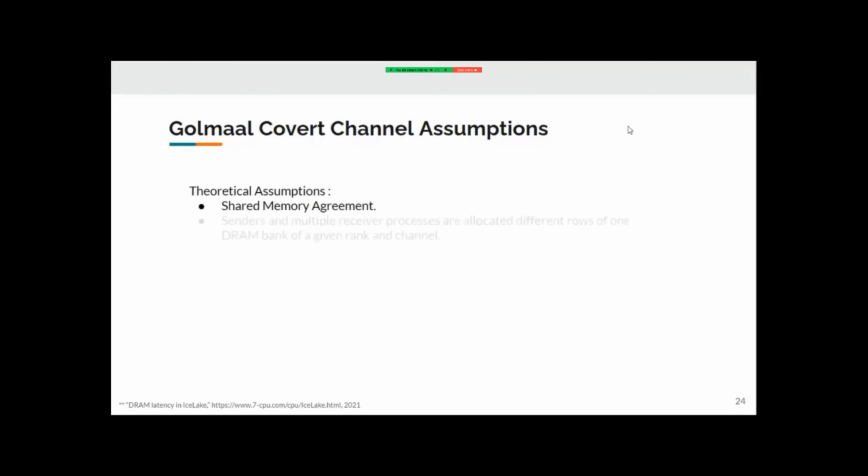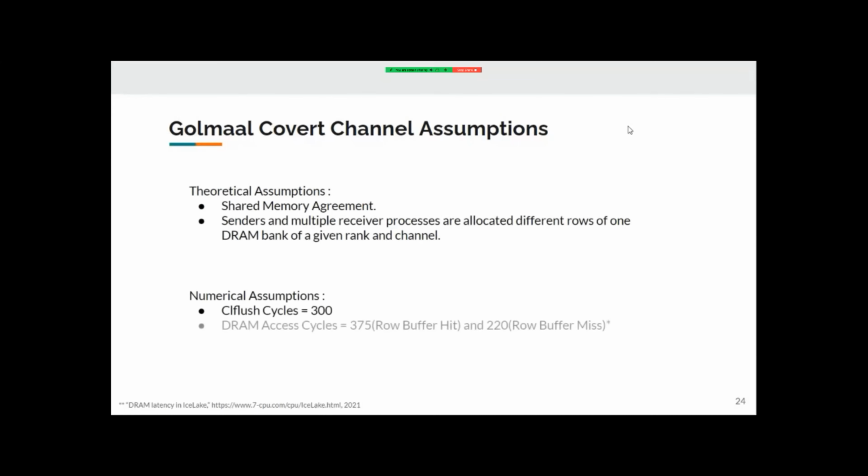Here we assume that multiple senders can share memory among them, hence can be allocated the same DRAM row. Similarly for the receiver. We also assume senders and receivers can be allocated different rows in the same bank, rank, and channel. We also make the below numerical assumptions. We have acquired them from various credible sources.